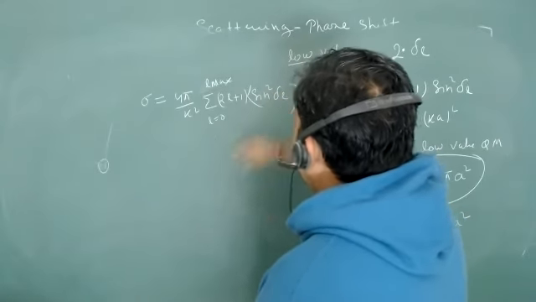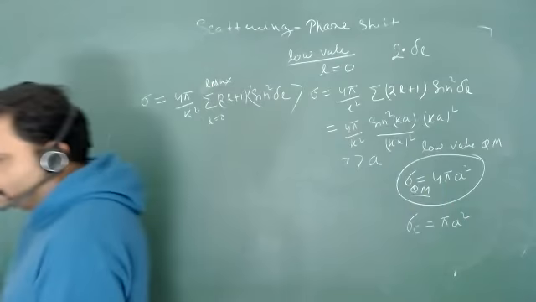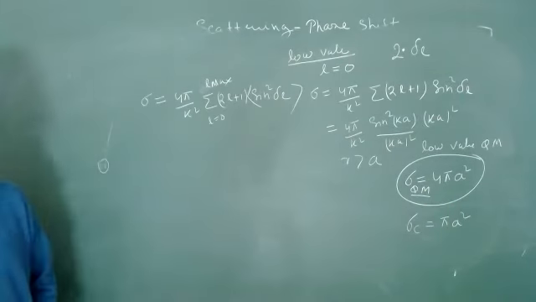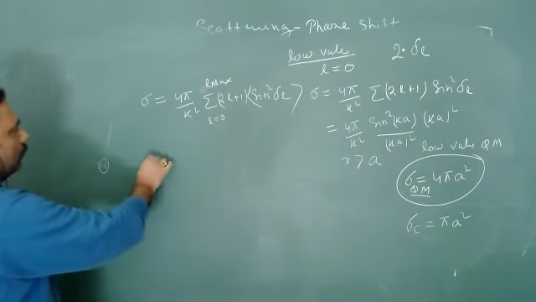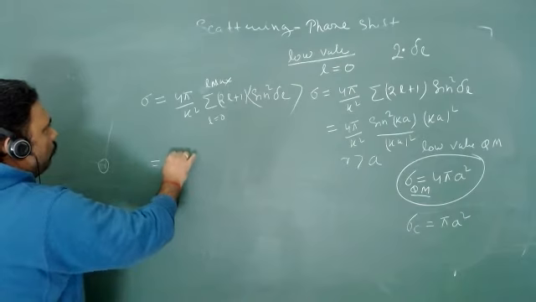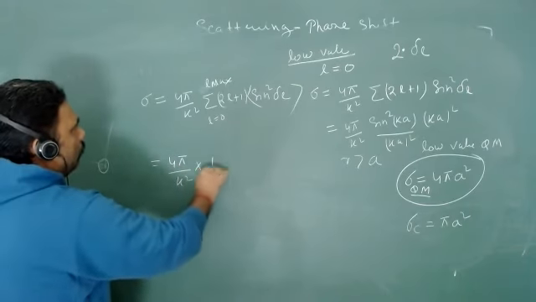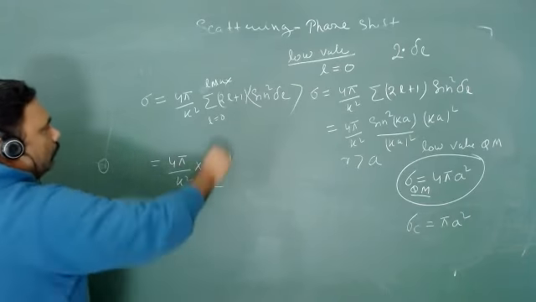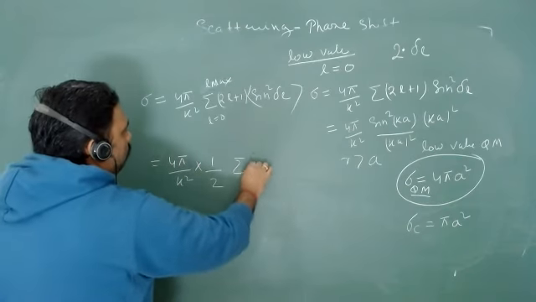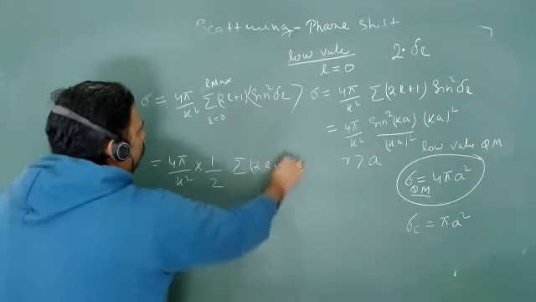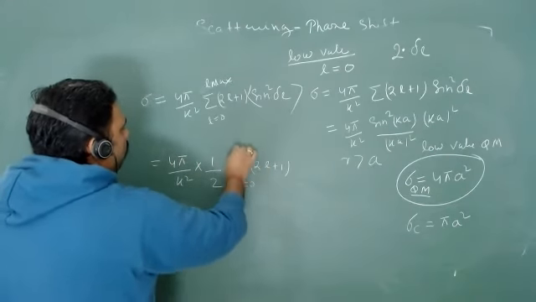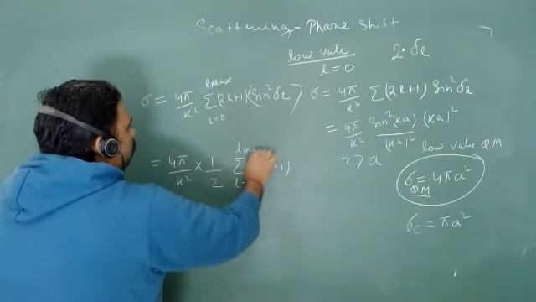So what will be this sine square average value of some angle? Half. Right? All possible angles you are taking. So that will be 4 pi upon k square into 1 upon half, and now you have the sum of 2L plus 1, L equal to 0 to L maximum.